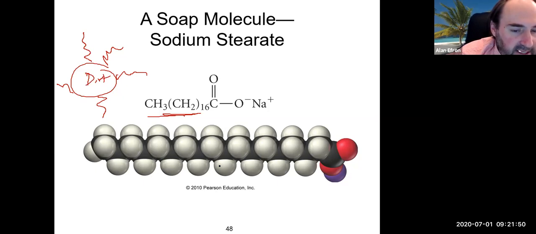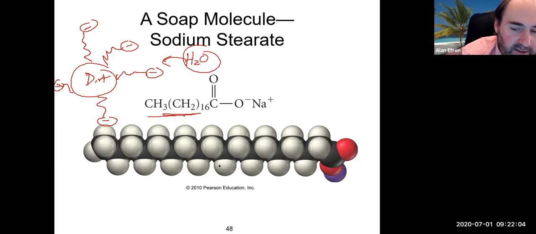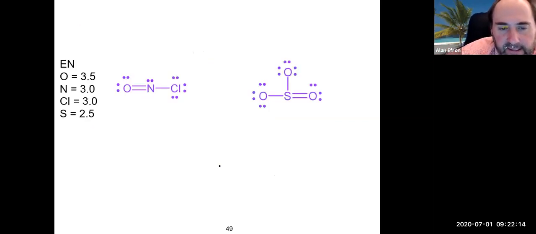And then on the outside, you have the charged part like that, which is the polar side of soap. And that works really well because usually after we soap up, we get water and we wash it. The water will mix with the polar side of soap, and the non-polar side will trap your dirt, and out it goes together with the water. So it works really well.